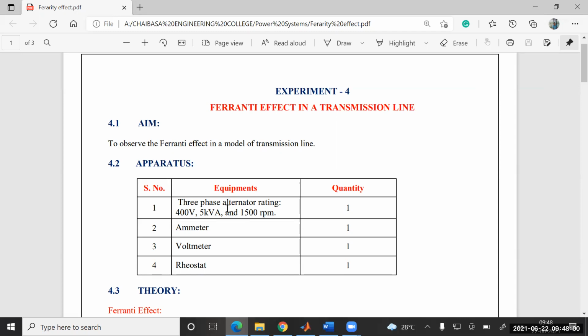So I have taken this particular segment where the Ferranti effect is being shown. This is a lab manual which we do in hardware, so do not worry about the equipment ratings, which could be different for different cases.